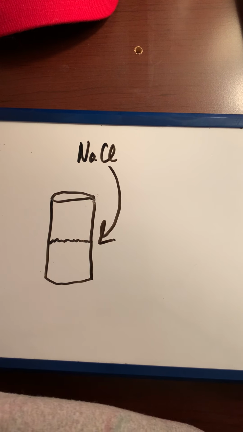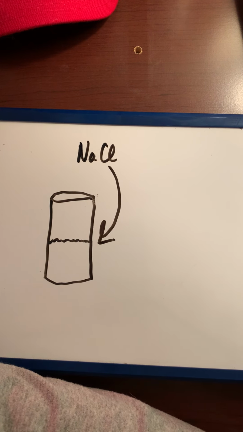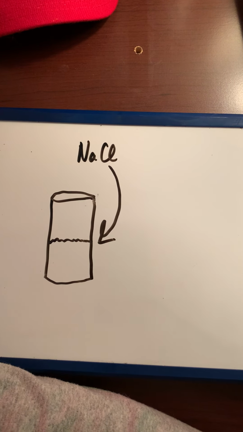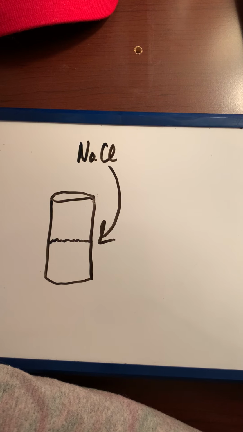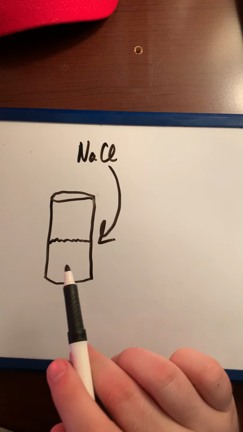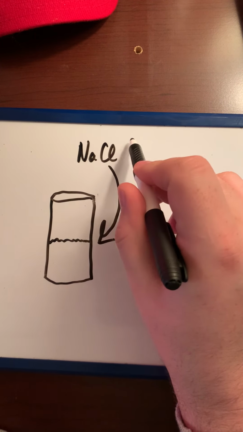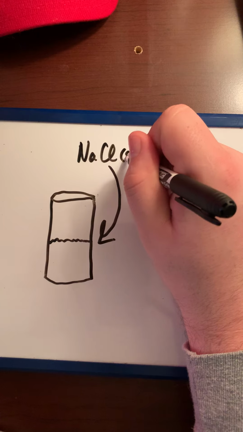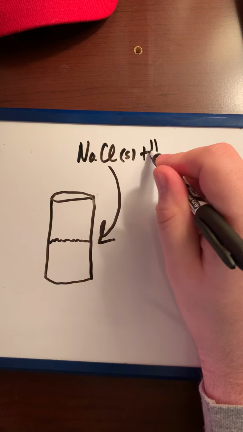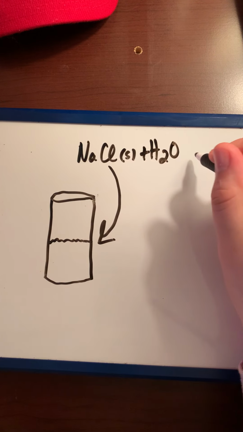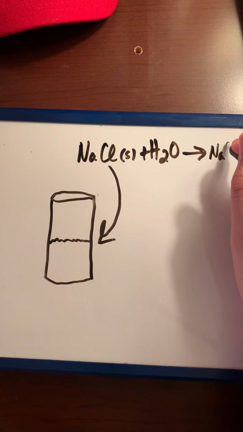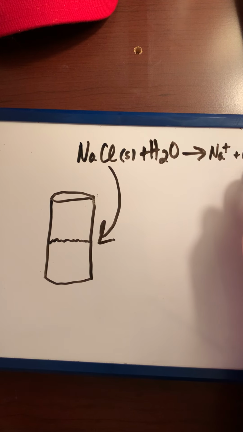So when we place NaCl into there, we know it actually dissolves. There are a couple reasons why it dissolves, but we're not going to get into that right now. All you have to know is NaCl dissolves. So when it dissolves, this solid, I'm going to put a little S in parentheses. When we add it to water, it forms Na+ and Cl-.